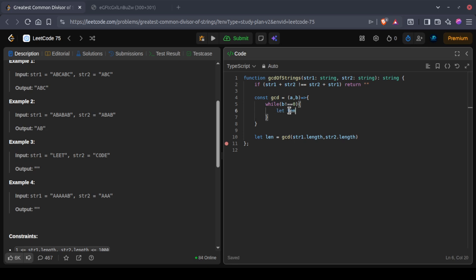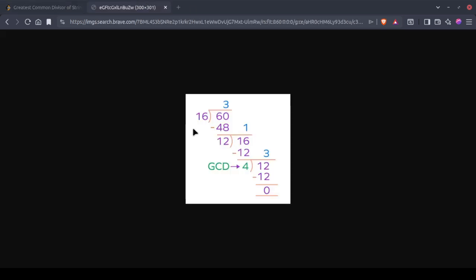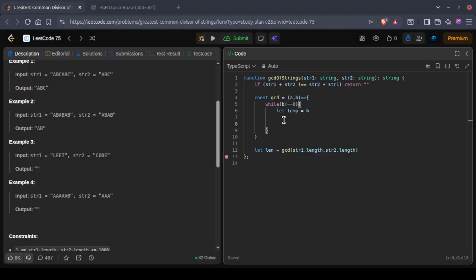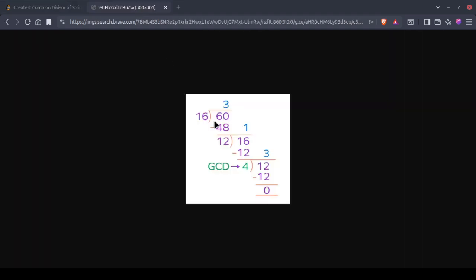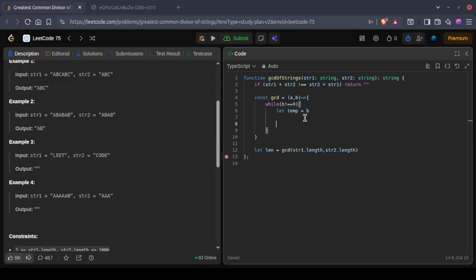I store the b value in a temporary variable, because here a is the 60 and 16 is the b, and I store this value into the temporary variable because I have to use it in the second part. Here I have to use, instead of a, this 12, I use it instead of this one. So that's why I store them into the temporary variable so I can use it.